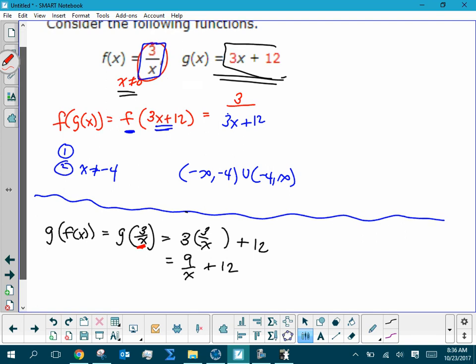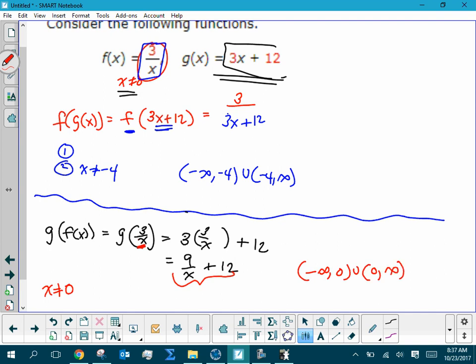So that was the first restriction. X cannot be 0. And then I look at the final composition. And now here, what can X not be? 0. So redundancy, it's not a big issue. So then we go negative infinity up to 0, union 0 to infinity.